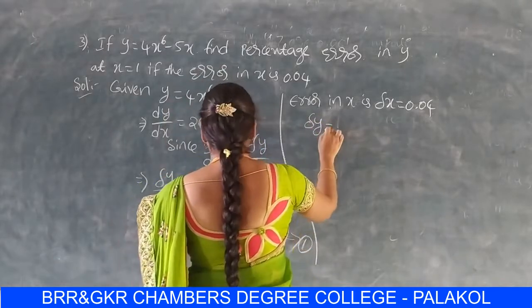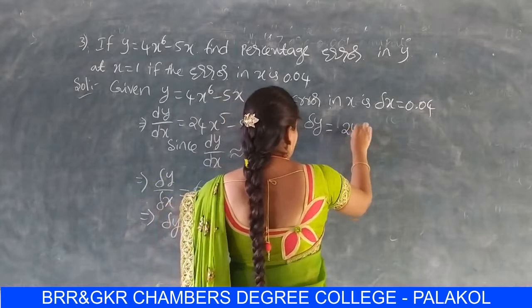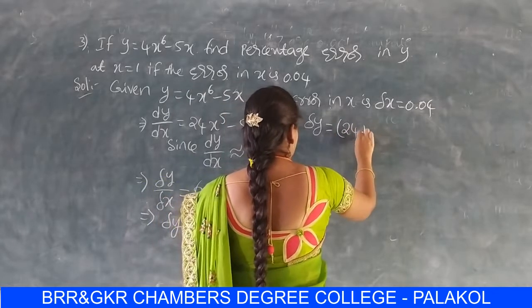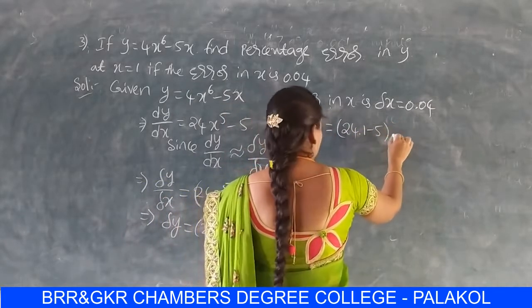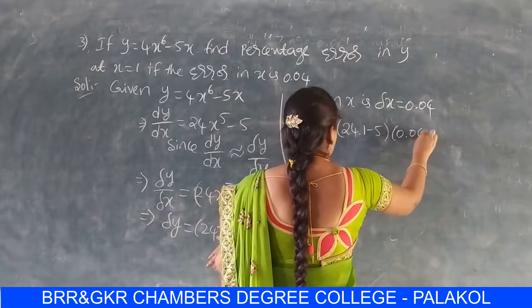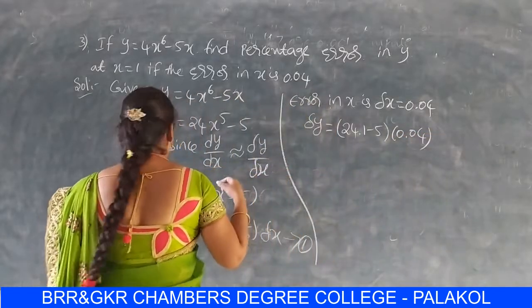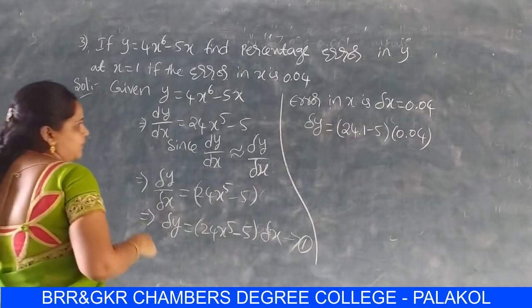Substitute these values: delta y is equal to 24 into 1 minus 5 into 0.04.